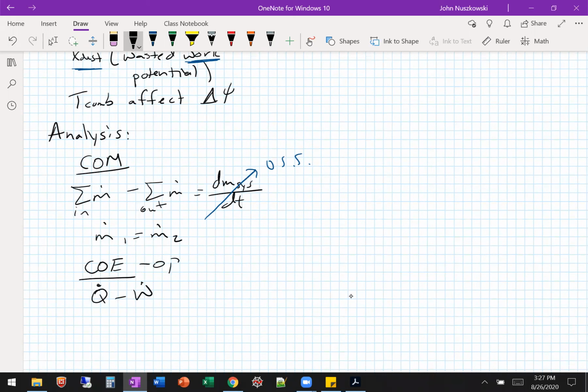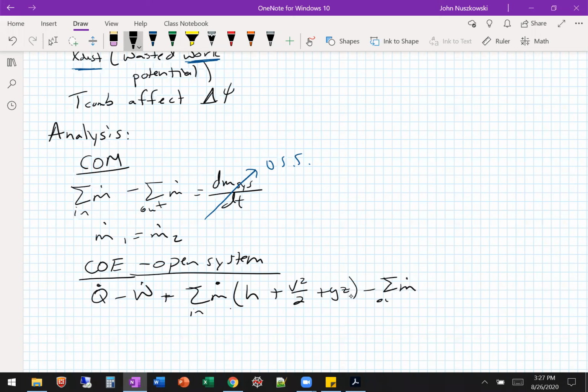All right, so conservation of energy for an open system, right? We said steady state.